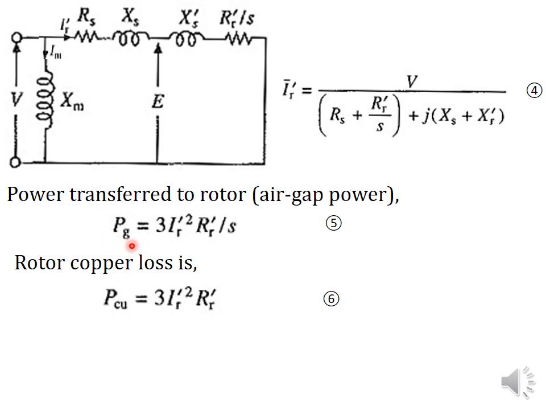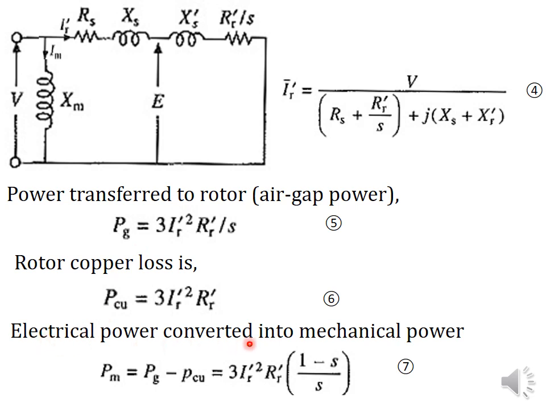So a part of the air gap power will be lost as rotor copper loss, and the remaining power will be converted to mechanical power. The electrical power converted to mechanical power, Pm, is equal to Pg minus Pc, air gap power minus rotor copper loss. By substituting equation numbers 5 and 6, we get 3 into Ir dash square Rr dash into (1 minus s) by s. That is equation number 7.